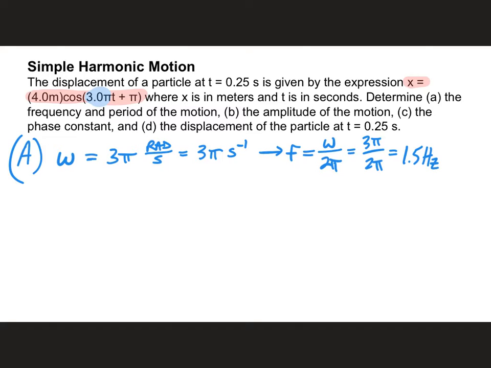Okay, so there's angular frequency, that omega thing, and angular frequency, angular velocity, angular speed. Those are synonymous terms. Then there's frequency. Just the core idea of frequency, which is something per second.